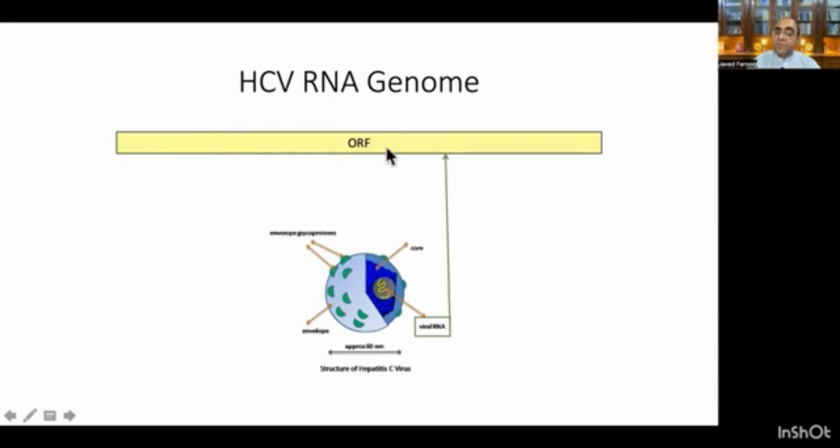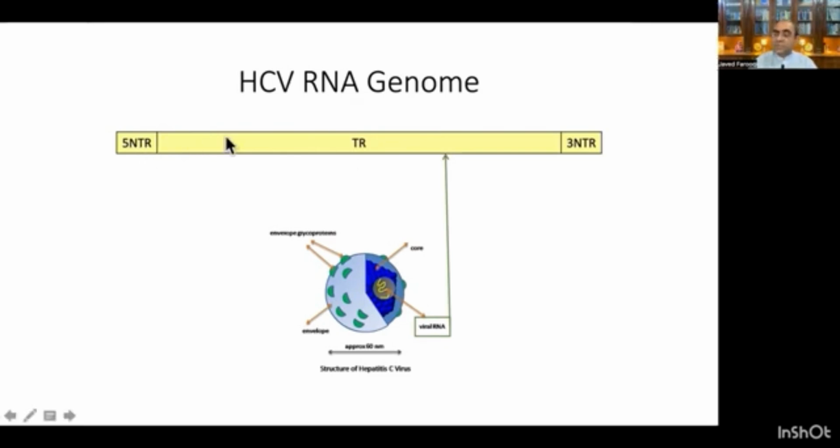At the two ends are the 5 non-translated region and the 3 non-translated region, and in between is the translated region. It means these two end components don't translate, and the translated region translates into different structural and non-structural proteins.